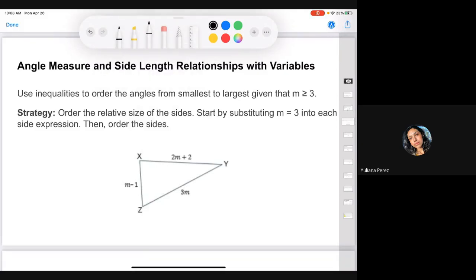So, the way that we can solve this is, this one's really easy because it tells us to start by substituting m is equal to 3 into each of the side expressions. This will allow us to order our sides from smallest to largest. So, I'm just substituting 3 for m.